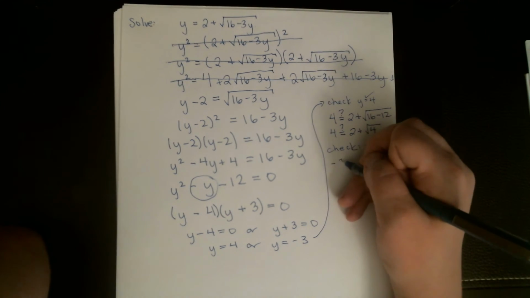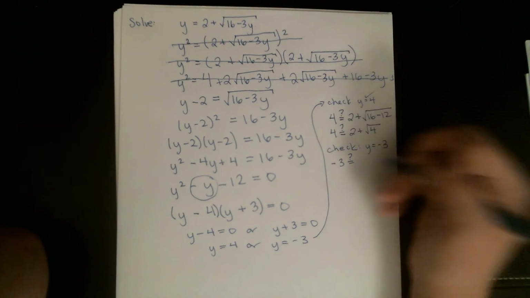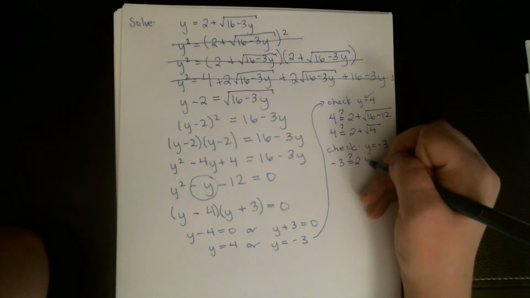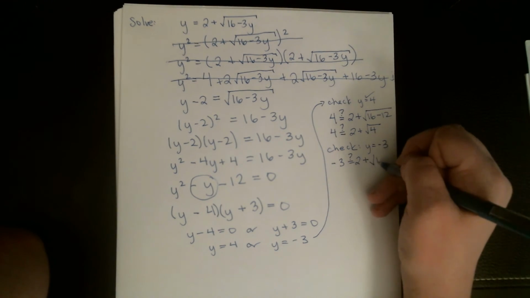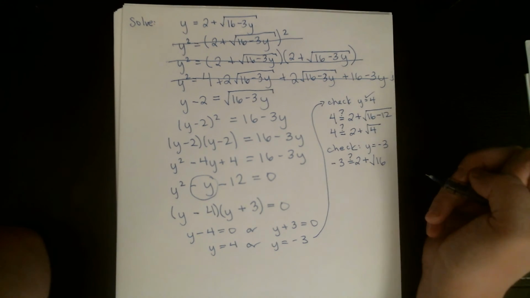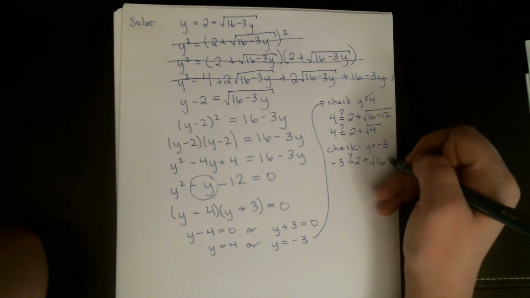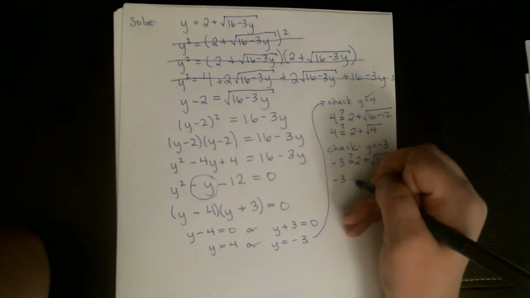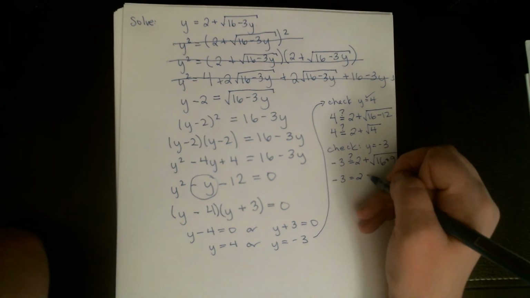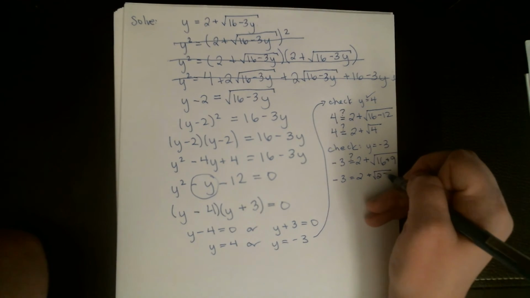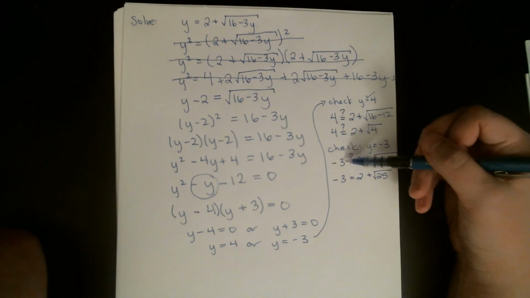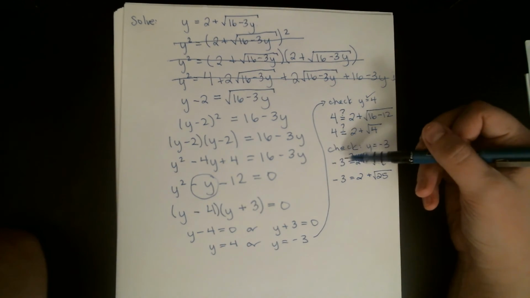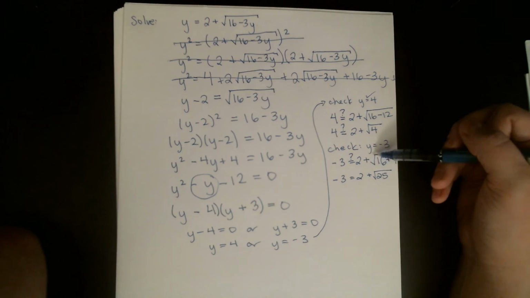And this time, that ends up looking like -3 equal to 2 plus the square root of 16 minus 3 times -3, so that ends up being 16 plus 9. This already is looking bad, but let me just carry it through a little bit further. So I'm a little concerned having a negative sign over here, the -3, because this is a positive root.